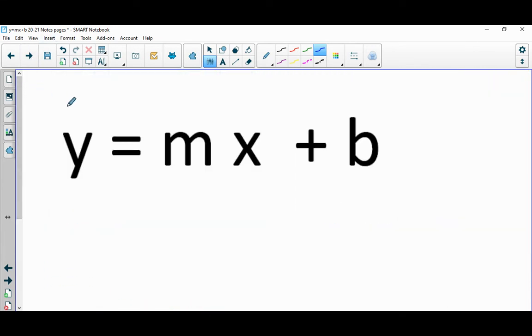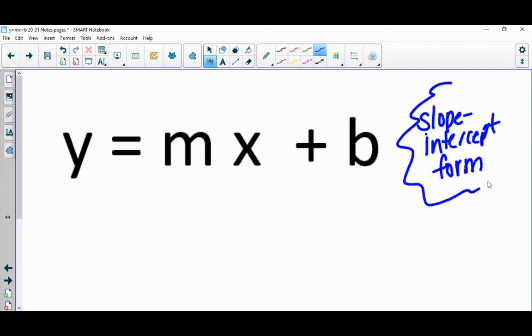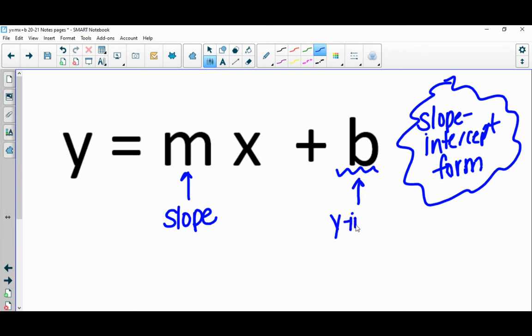So when we talk about y equals mx plus b, this is called slope intercept form. And your m right here is representative of your slope. You probably remember that from the last section. And this b value is representative of your y-intercept.